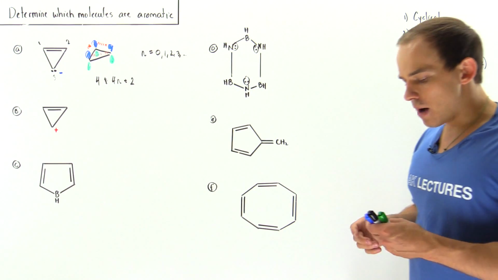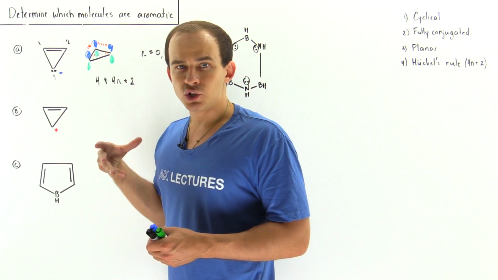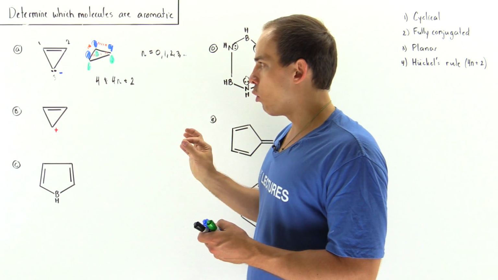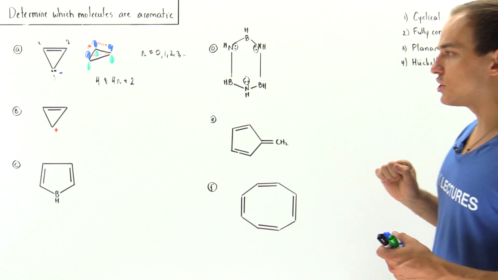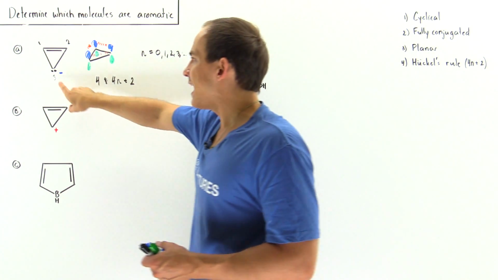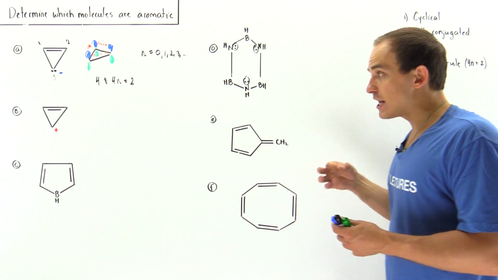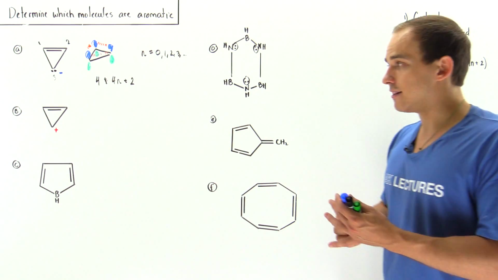Now, let's move on to molecule B. So molecule B is very similar to molecule A, except there is an important difference. So even though molecule B is cyclical, fully conjugated, and planar, it doesn't have the 2 electrons that molecule A has. And that means it has 2 fewer electrons.